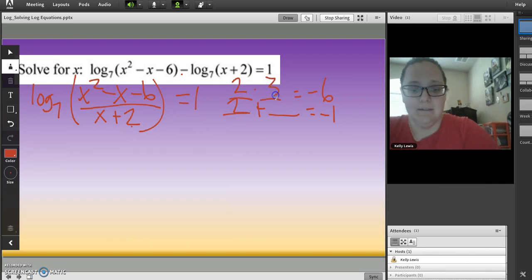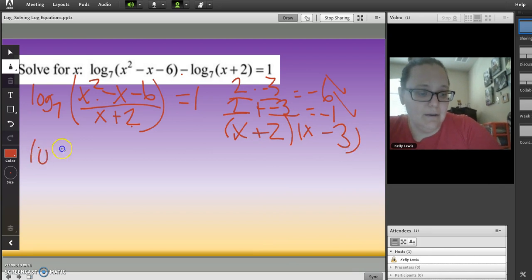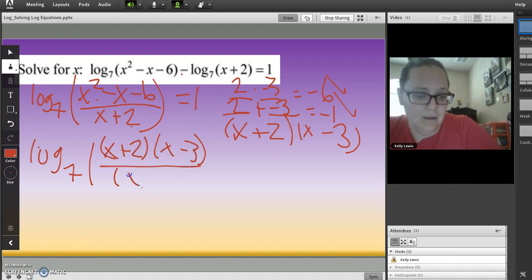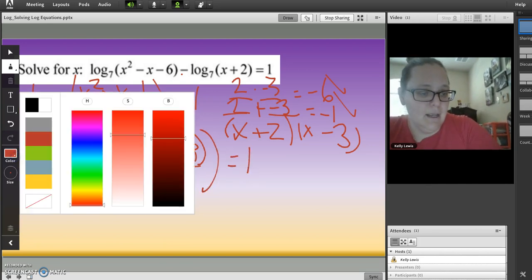2 times 3 is 6, and then negative 1, so negative 3. 2 times negative 3 is negative 6, and 2 plus negative 3 is negative 1. So that top guy is x plus 2, x minus 3. So I have log base 7 of x plus 2, x minus 3, then that x plus 2 on the bottom equals 1.